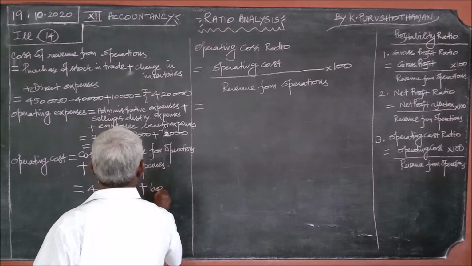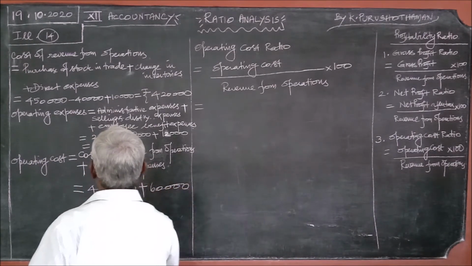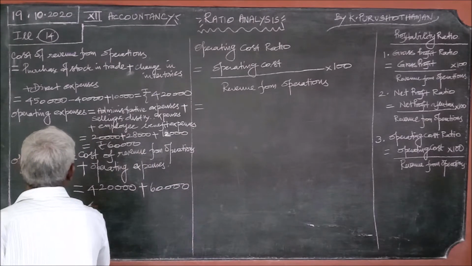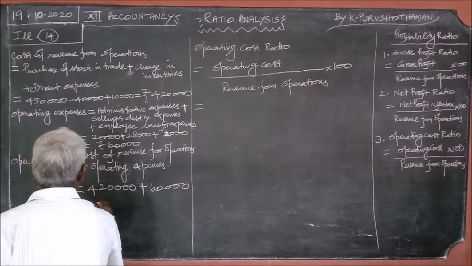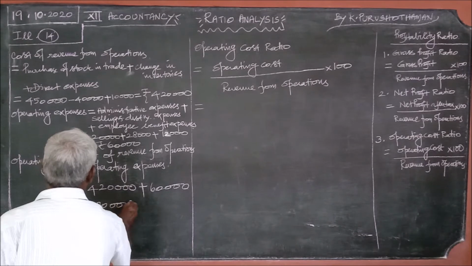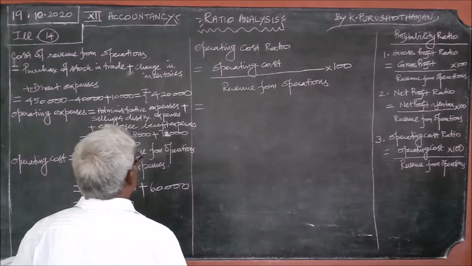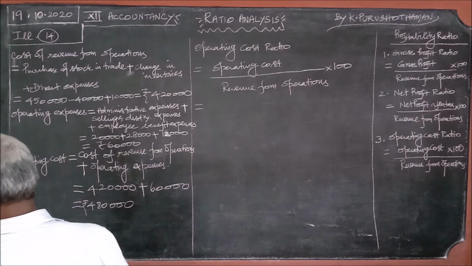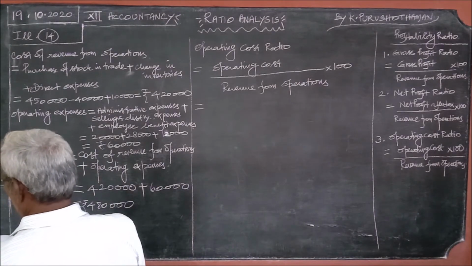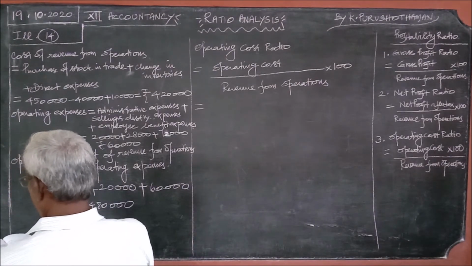We have calculated, and this is equal to 4 lakhs 80,000. This is the value of numerator.